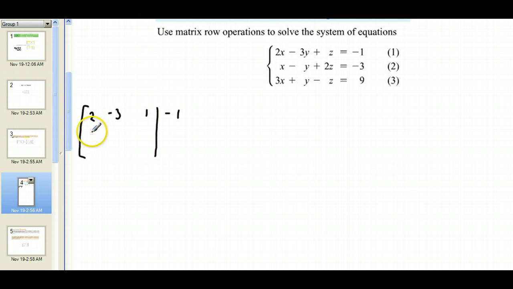And then 1, negative 1, 2, negative 3. And then 3, 1, negative 1, and 9. So this first step, I'm just taking the system that I'm given, I'm making an equivalent augmented matrix that describes that same system. Now, what do the row operations say I can do?